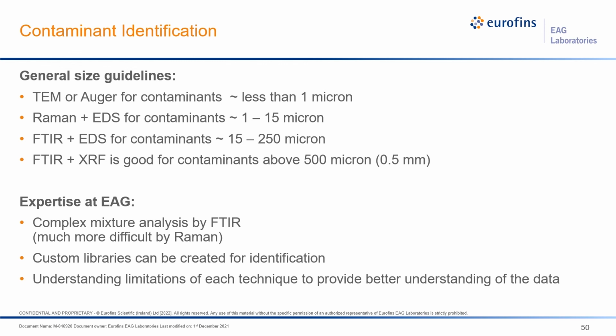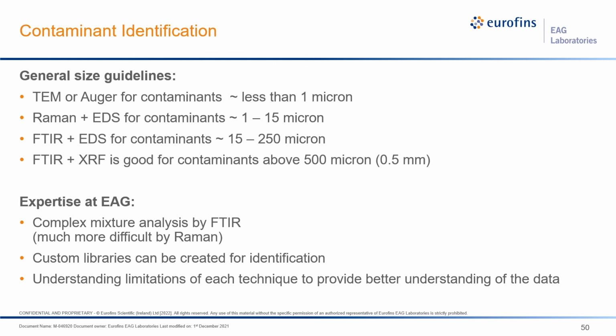If it's more than 15 microns, we should really do FTIR first, again, because of its library, because it doesn't have the issues with fluorescence and so on. Between 15 and 250 microns, we'll do EDS with FTIR. But if it's more than half a millimeter, XRF is an excellent option to combine with FTIR. You get a lot of good information in this manner.